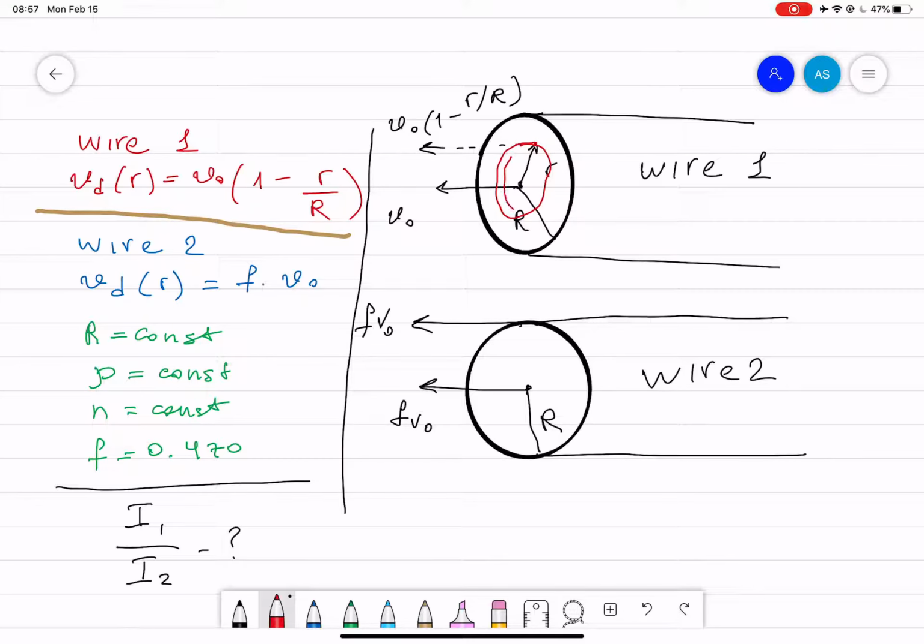It's a very small ring, so the thickness of this ring will be dr, and it's placed at a certain r. That makes a very small current, which I call di1.